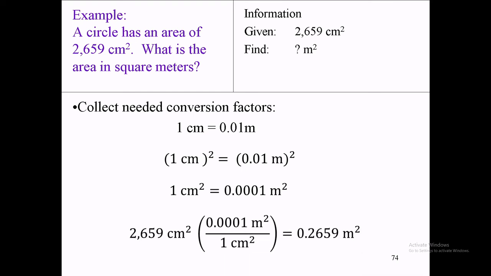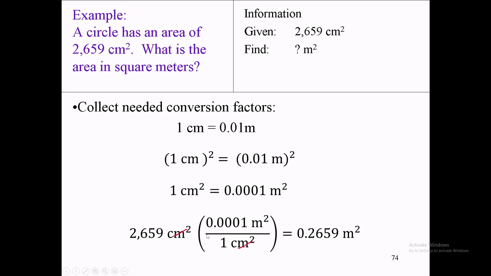Now we can use that conversion to convert between the known value in square centimeters and square meters. So we'll cancel our square centimeters.